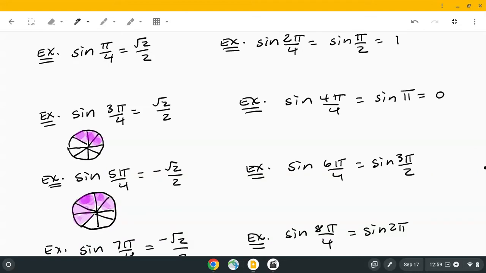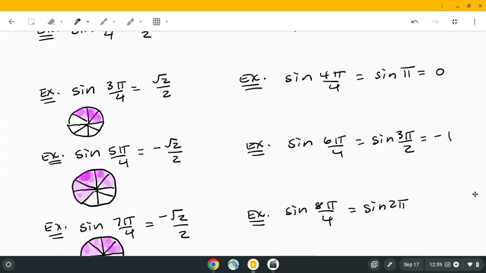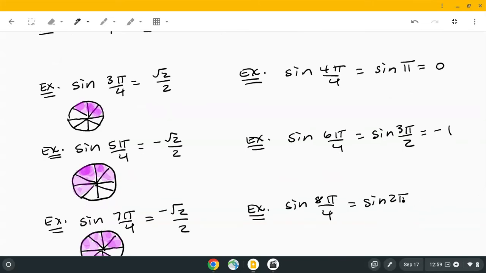This one here, 3 pi over 2, that's a quadrantal angle. That's 270 degrees. So here, sine is -1. And then over here, 8 pi over 4, that's 2 pi. 2 pi is the same thing as 0 degrees. And so here we would get 0.